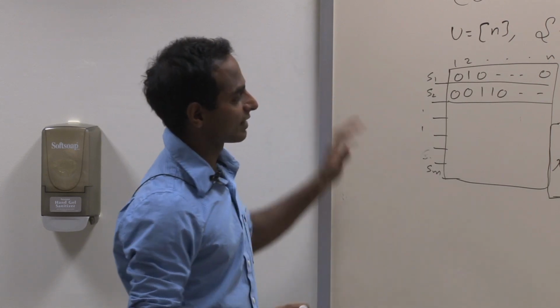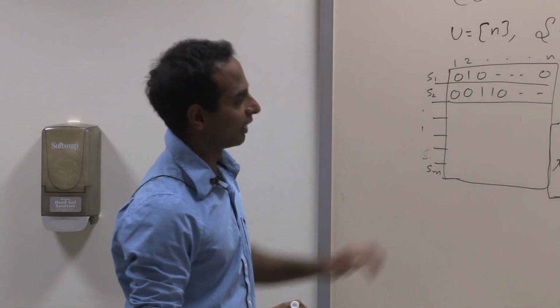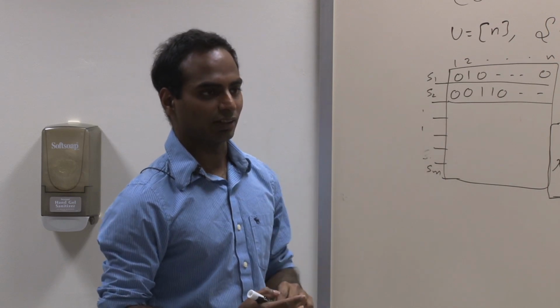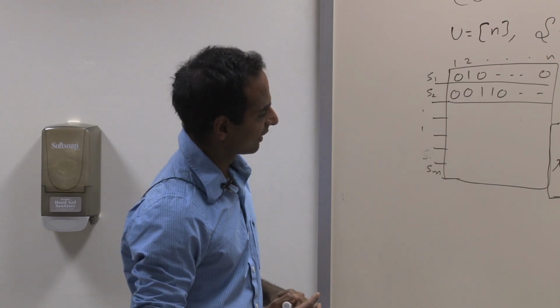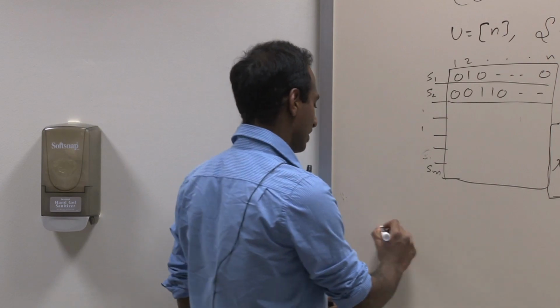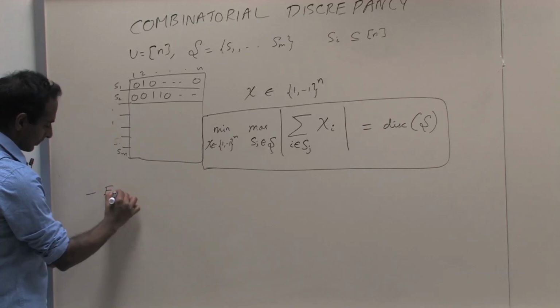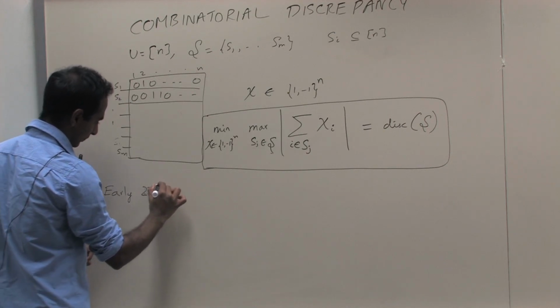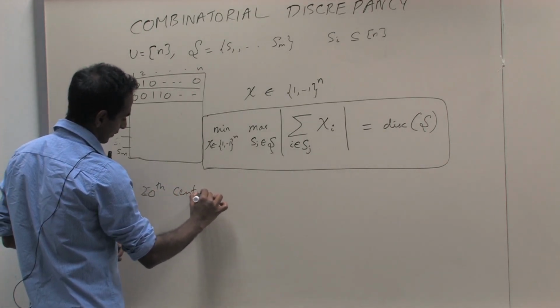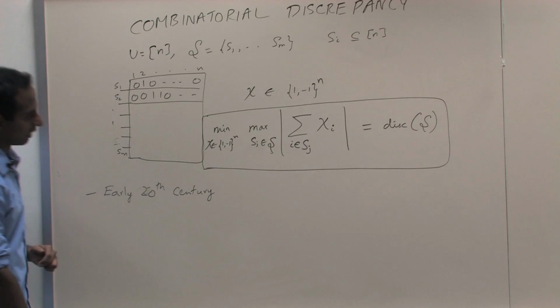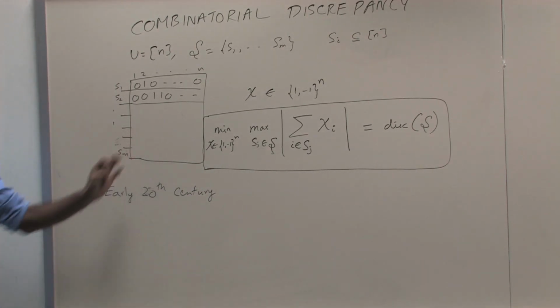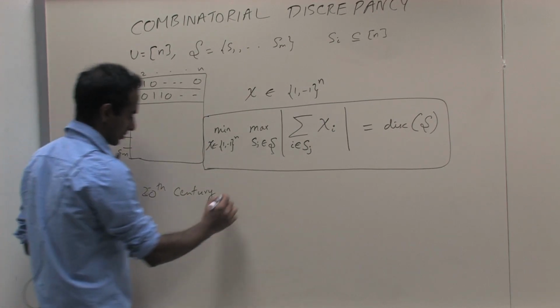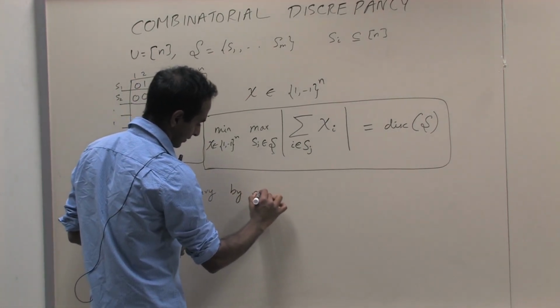As I said, this has a very rich history and many applications, which I'll talk about in a few more minutes. The history starts from the early work in the early 20th century, really, where number theorists studied this problem, or a close relation of this problem.